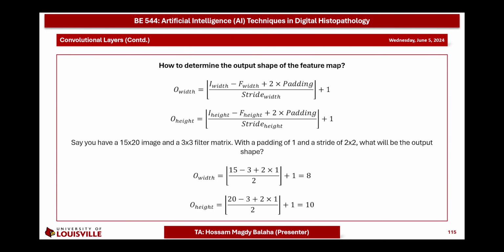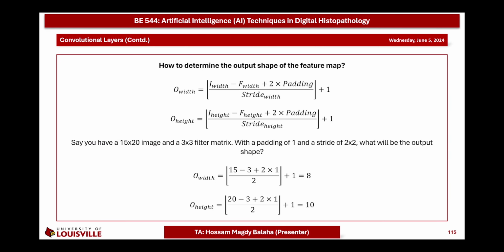You are given a specific stride, padding, and filter matrix size alongside the input size, and you need to calculate the output width and the output height so you can determine what is the shape of the feature map.